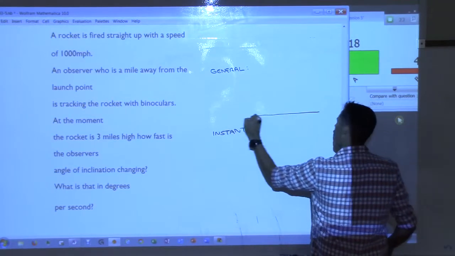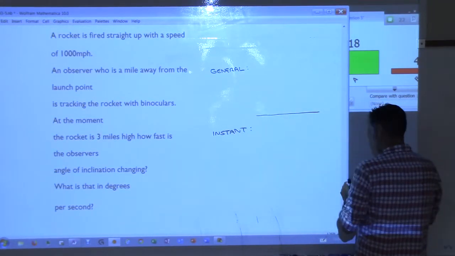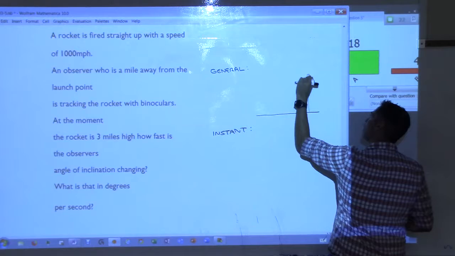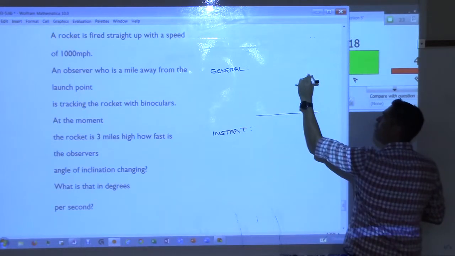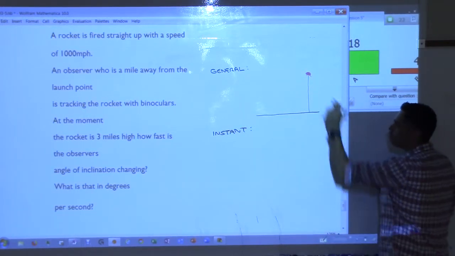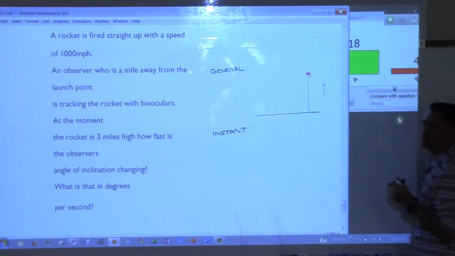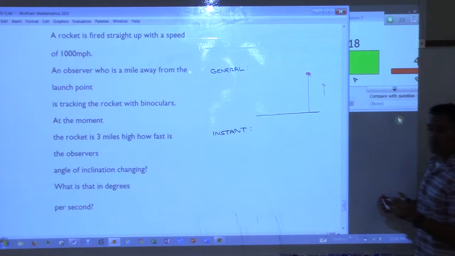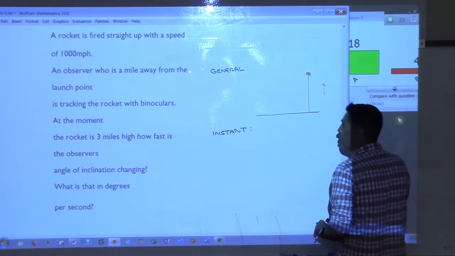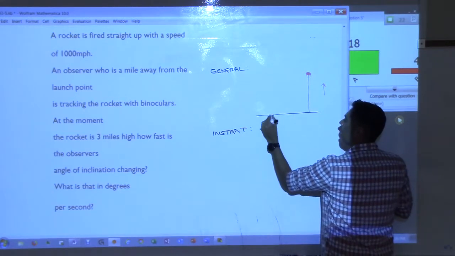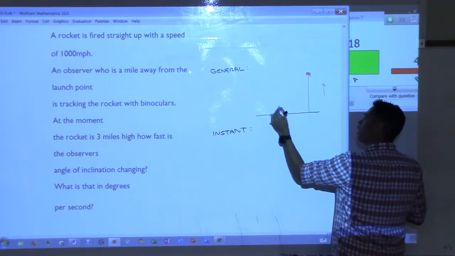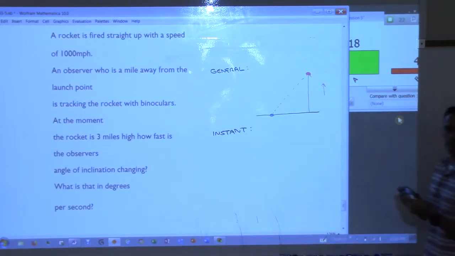So the general idea here is that we have a rocket that's going straight up. So I'm going to draw the ground. I'm going to draw a rocket that's going straight up, right? And let's just say that rocket is that point right there. I could draw a little rocket, but I'm just going to draw that point. So my rocket's moving vertically, right? I have an observer who is standing at some other point, and they are watching that rocket with their binoculars, like this, right?